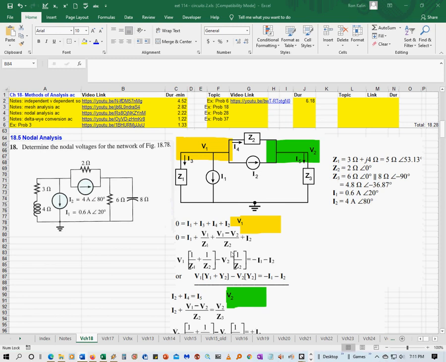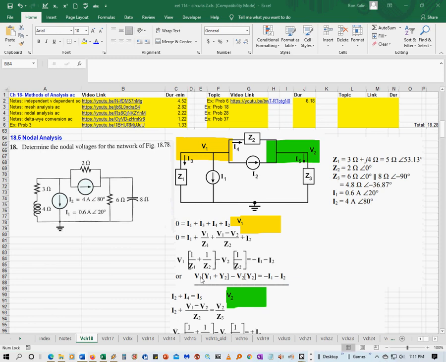All right. So then what you want to do is simplify your equations and factor out your V1 and your V2, which they did. They skipped a few steps here algebraically, but you want to bring your V1 and V2 out just like they did and combine like terms. And what they did here was use admittance. So 1 divided by impedance, the inverse of impedance, is admittance, or Y. That's why they did that for simplicity.